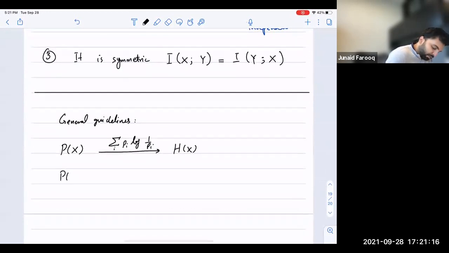And if you have similarly P of Y, same thing, you can just find out the H of Y. This is pretty straightforward. Or let's say Qi.